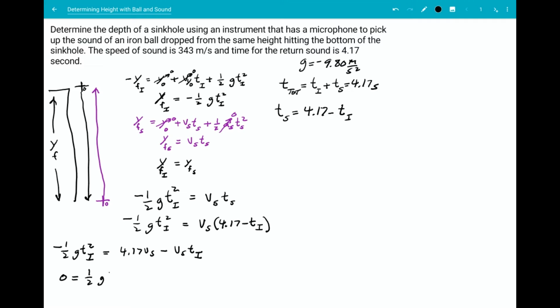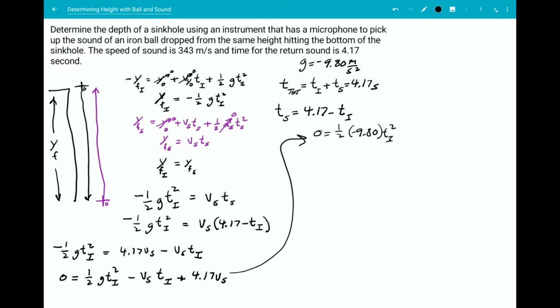So 1/2 g t i squared minus Vs t i plus 4.17 Vs. Well, if I plug in my values, I now have 0 equals 1/2 negative 9.8 t i squared minus 343 t i plus, and I'm going to multiply 4.17 times Vs. So that's going to give me 1430.3.